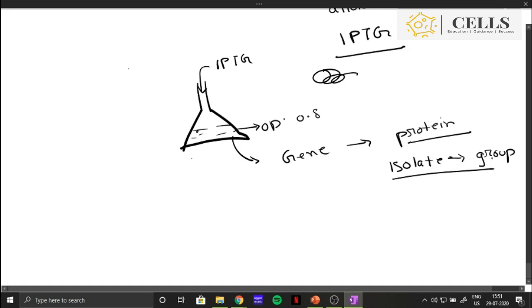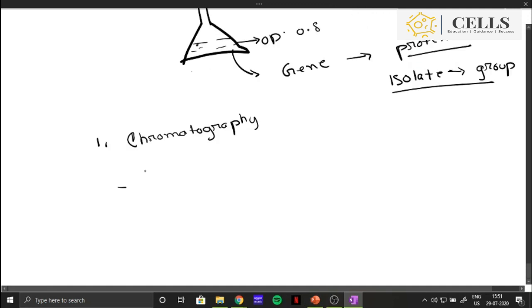There are many biophysical techniques to isolate a protein, the major technique for isolation of proteins being chromatography.